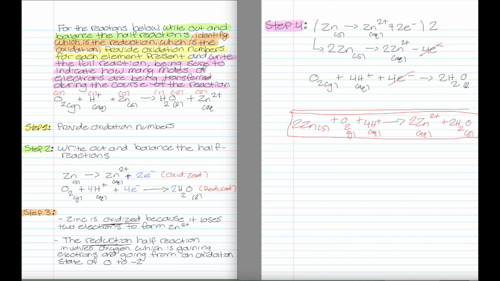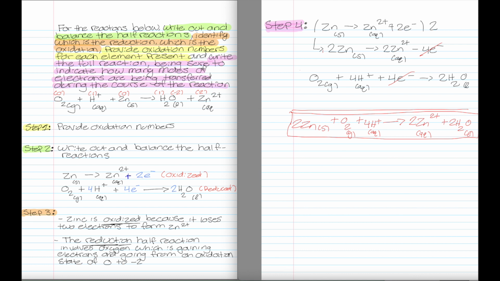So now we can move on to step 2, which is writing out and balancing the half reactions. I highlighted it in green, and what we're first going to do is write out the unbalanced half reactions. Here we see zinc. Zinc is clearly associated with the zinc 2 plus, and we see that the atoms are already balanced.